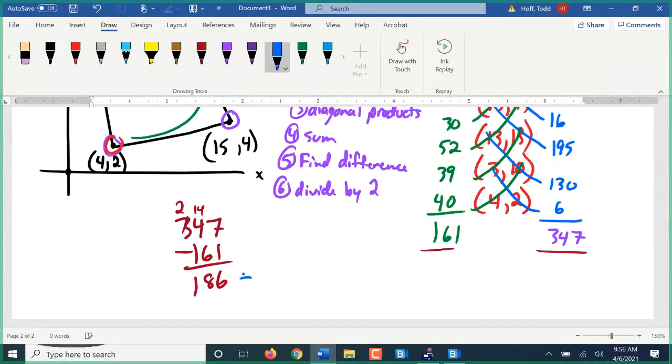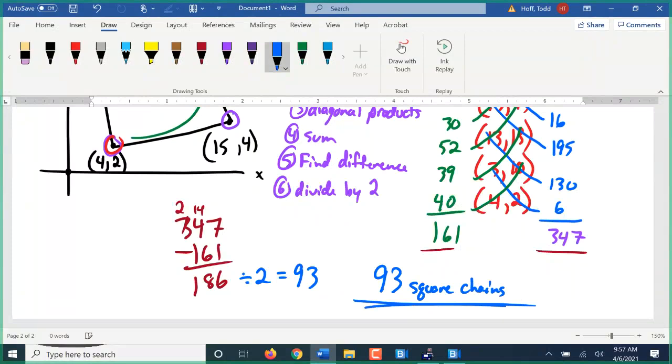I'll then divide that by 2. 186 divided by 2 is 93. The 93 square chains is the area of that. Now, the reason I used square chains is 10 square chains is an acre. So 93 square chains is 9.3 acres, the size of that piece of property.